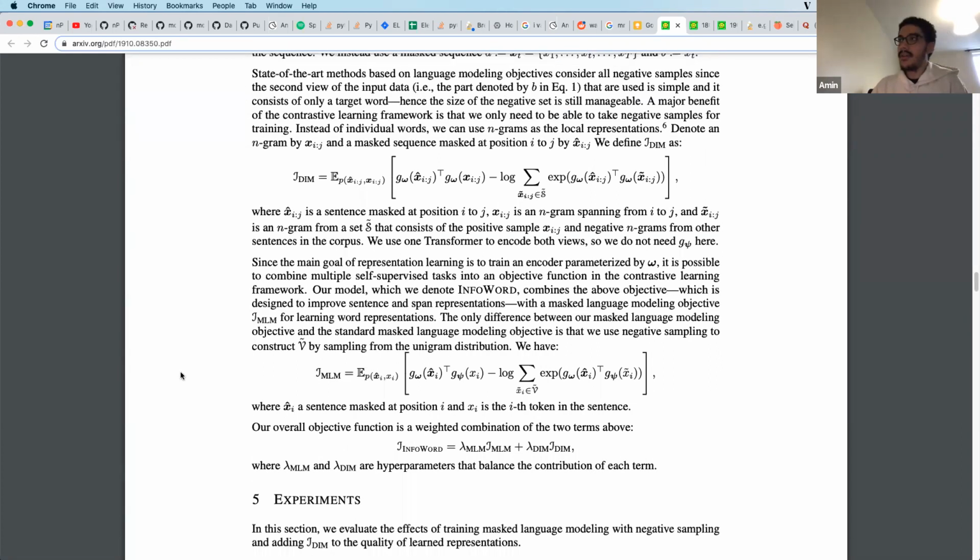Another nice thing about this objective is that, because your two representations are that of the entire sentence and n-grams of the sentence, you can simply use the same transformer to encode both.